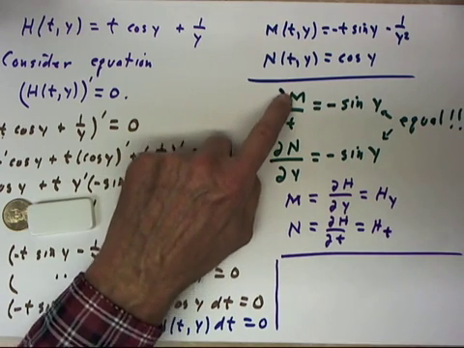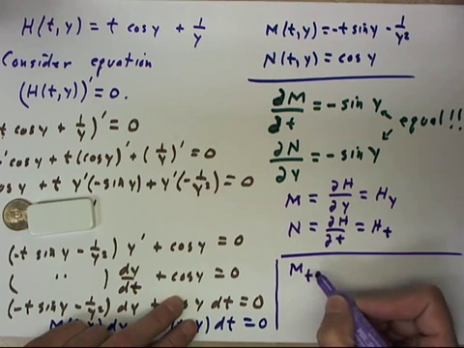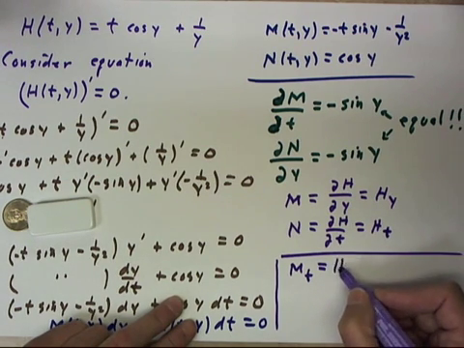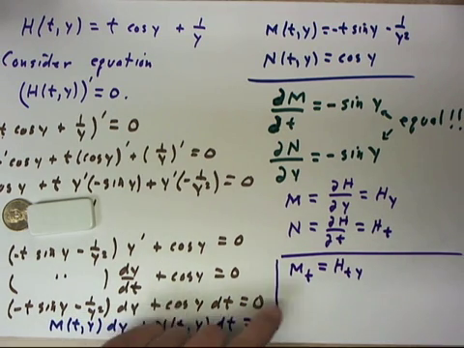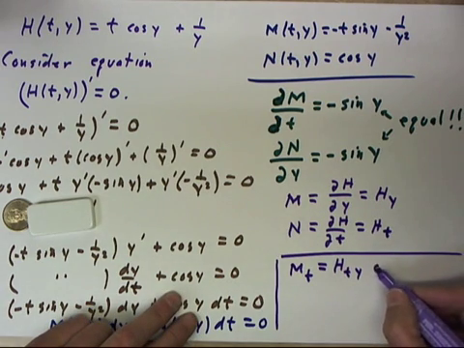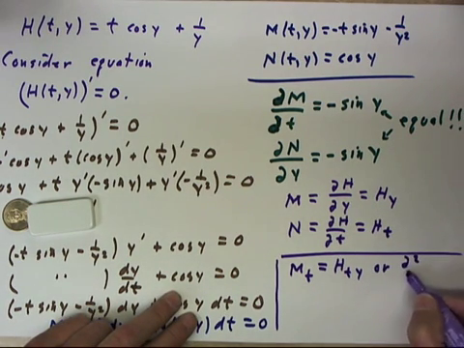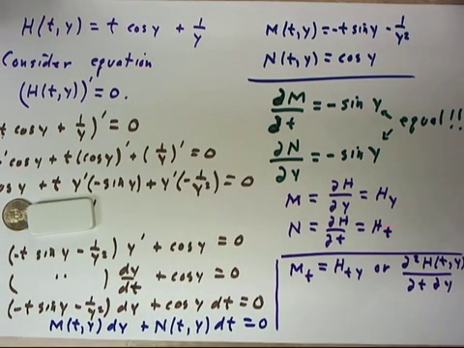It follows that the derivative of m with respect to t is the derivative of h with respect to t and with respect to y. The second partial derivative of h of t,y with respect to t and y.